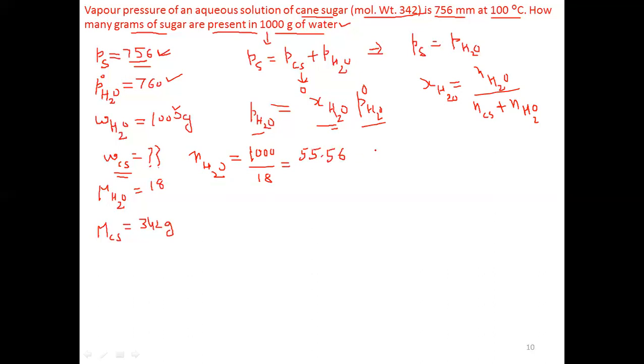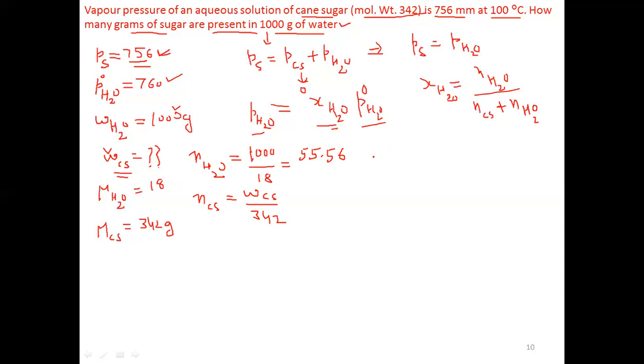55.56. Now let us calculate N cane sugar. N cane sugar is W cane sugar, which we don't know and have to calculate, divided by its molecular weight, 342. Now we just have to put this value here.